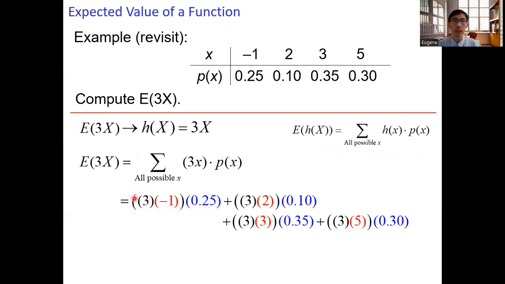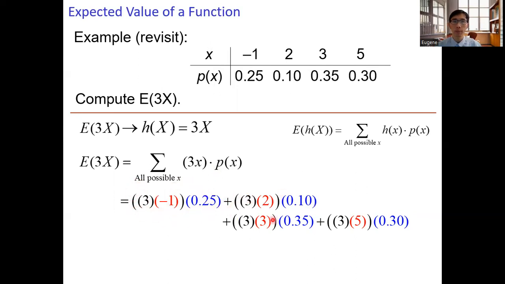The value 3 here is just the coefficient in the 3x, and then we multiply the first value of x, in this case, x equals -1. So we get 3 times -1, and then multiply by the corresponding probability 0.25, and then we get the first term.